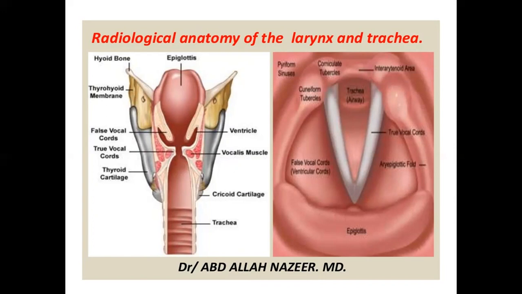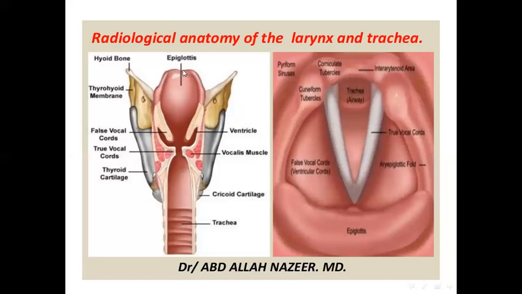Where are both of them located? The hyaline cartilage includes the unpaired thyroid and cricoid cartilage, also including the paired arytenoid, while the elastic cartilage is found in the epiglottis and the cuneiform cartilage, which contain elastic fibers.